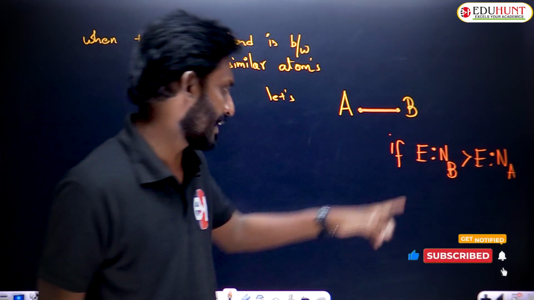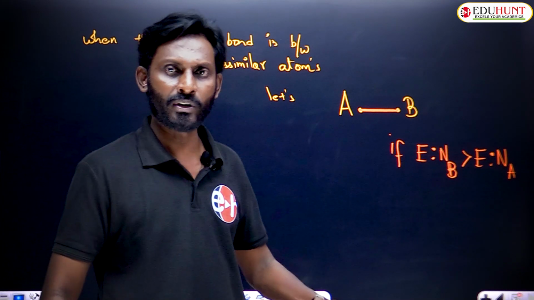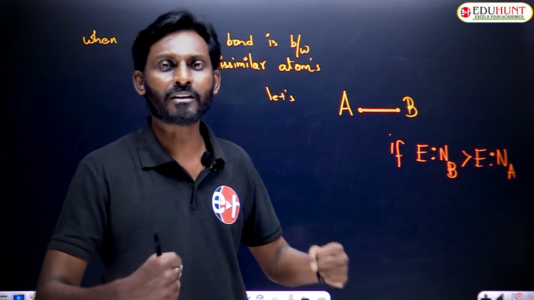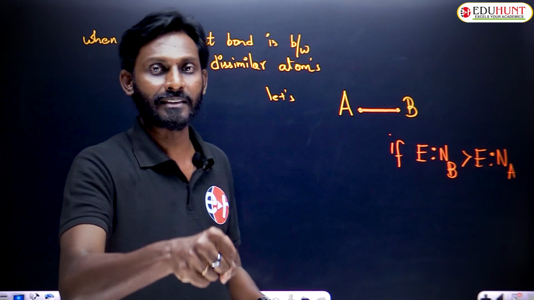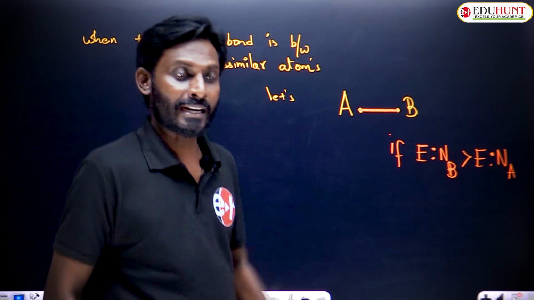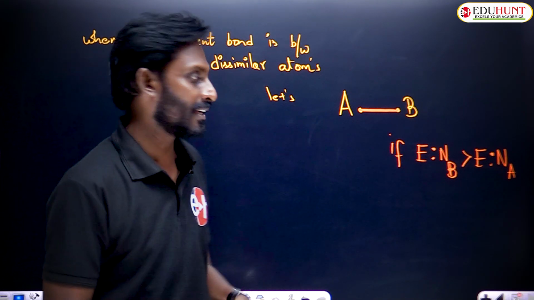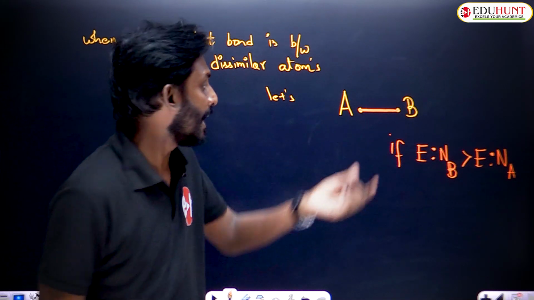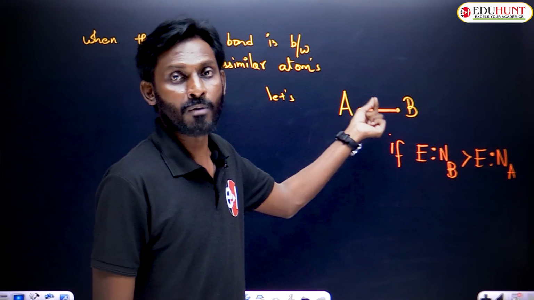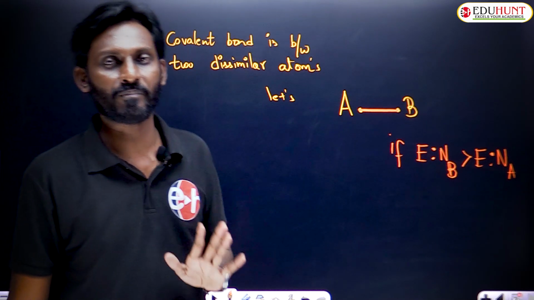It means what? You tell me. What is electronegativity? Electronegativity is the power, the ability, the strength with which an atom pulls the electron pair towards itself. Now I am saying that power is more for B, then obviously this pair will be more towards B and less towards A.